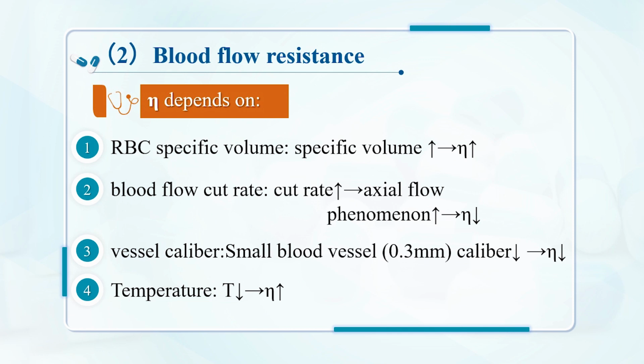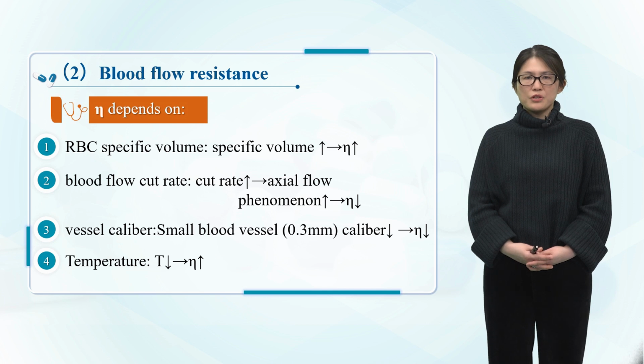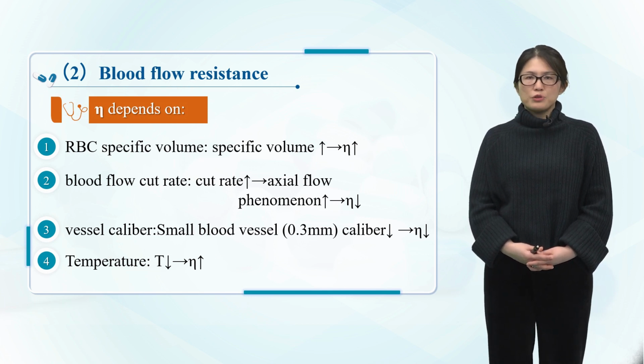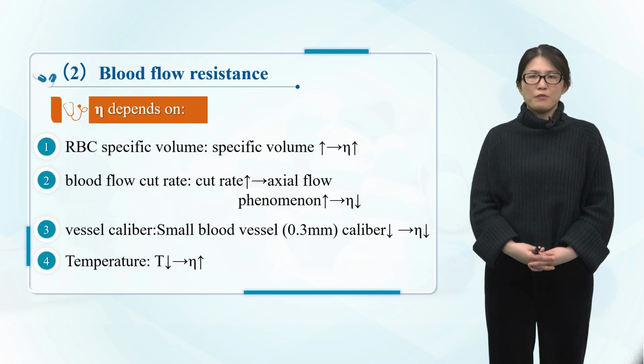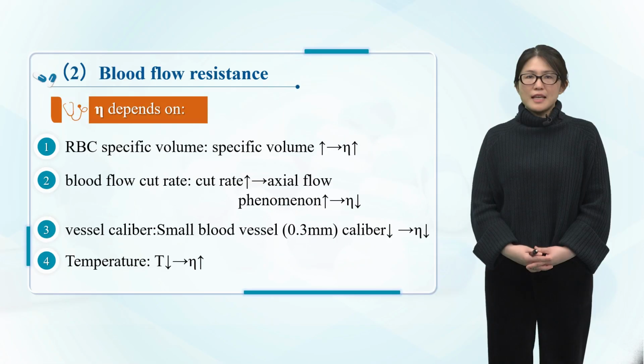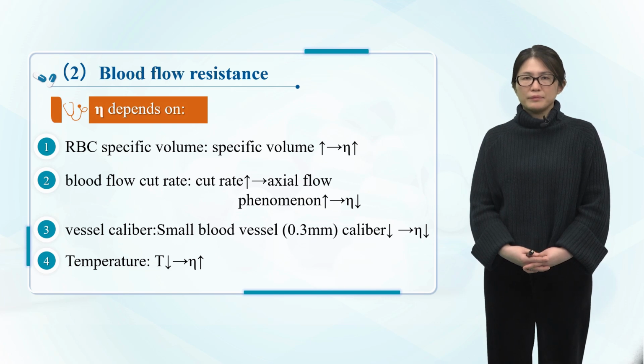The shear rate of the blood flow refers to the ratio of the difference between the flow velocity of two adjacent layers of blood and the thickness of the liquid layer in the case of laminar flow. The viscosity of a homogeneous liquid does not change with the change of the shear rate. This liquid is called Newtonian fluid, such as plasma.